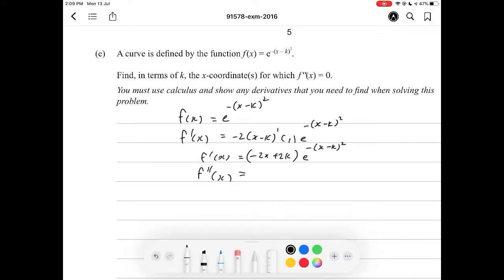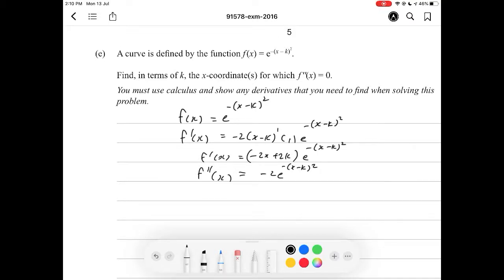If we do negative 2x plus 2k first, the derivative of negative 2x plus 2k is just negative 2. So this becomes negative 2 e to the power of negative (x minus k) squared. And we need to add on the derivative of e to the power of negative (x minus k) squared multiplied by negative 2x plus 2k. We know the derivative of negative (x minus k) to the power of 2 is just negative 2x plus 2k.